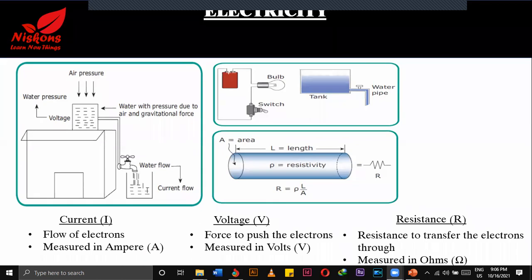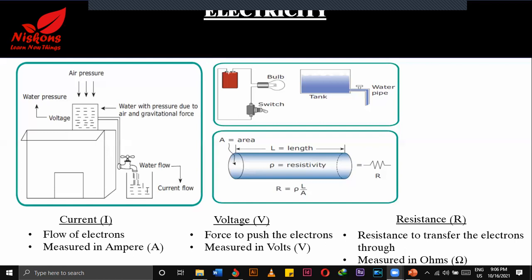So how many electrons are flowing inside a conductor per unit area. Voltage means the force to push the electrons. Let's say you are pushing a person. You can push the person slightly or hard, so that particular amount of pushing is the force you exert.